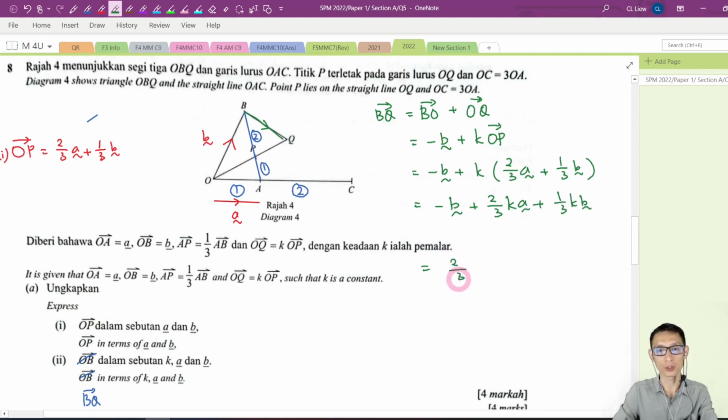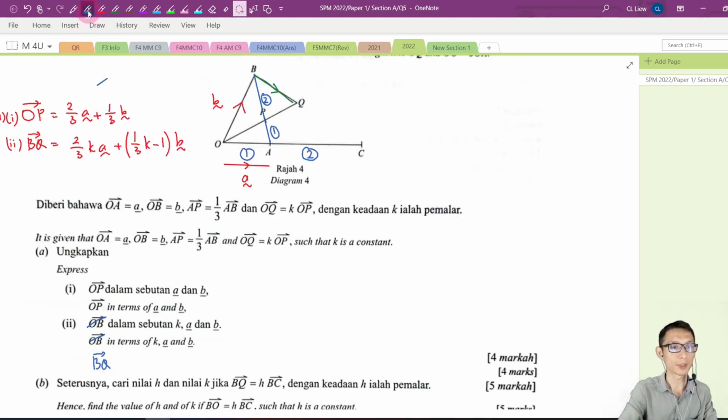So 2 over 3 KA plus 1 over 3K minus 1 B. Let me double check. Plus 1 over 3 KB, and then minus B. Correct. So this is the answer for part 2. BQ is equal to this.